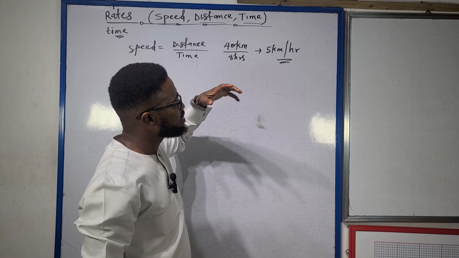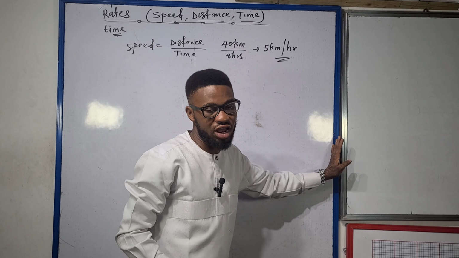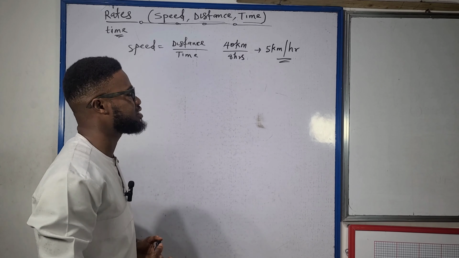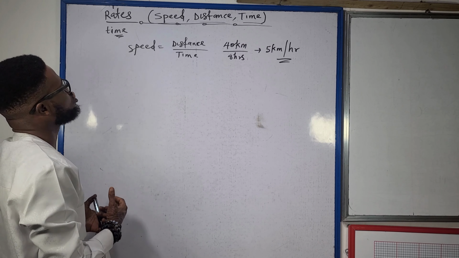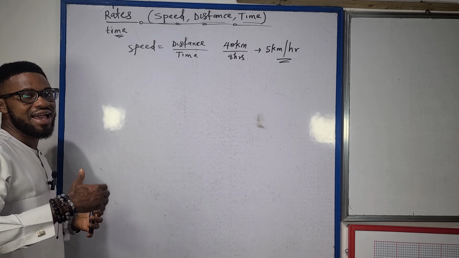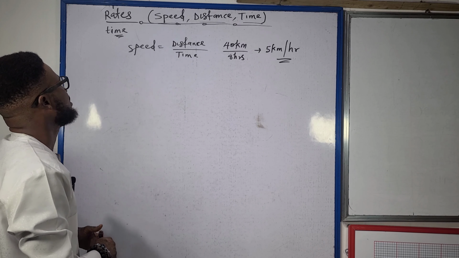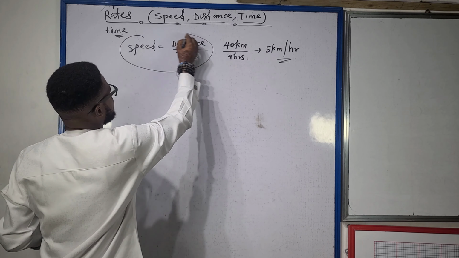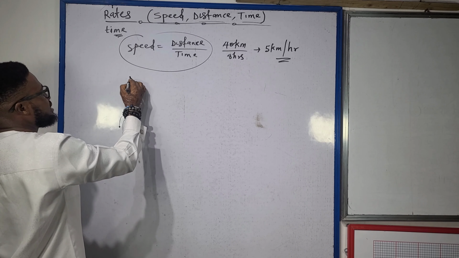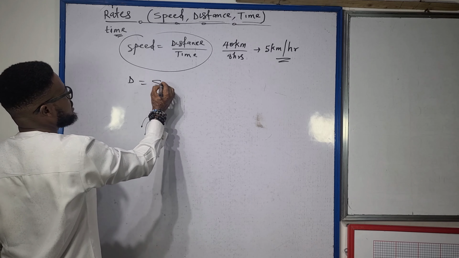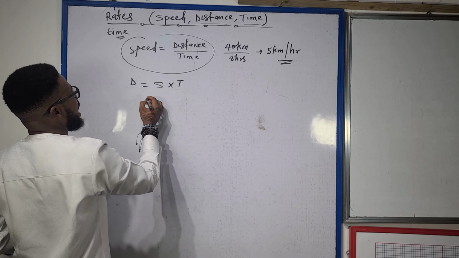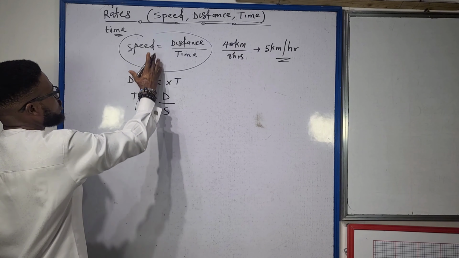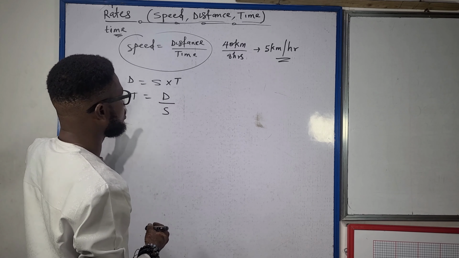For every 5 kilometers traveled, it is going to take a time of 1 hour. So when we talk about rate, we are usually trying to express quantities as against time. Speed is distance over time, distance is speed times time, and time is distance over speed.